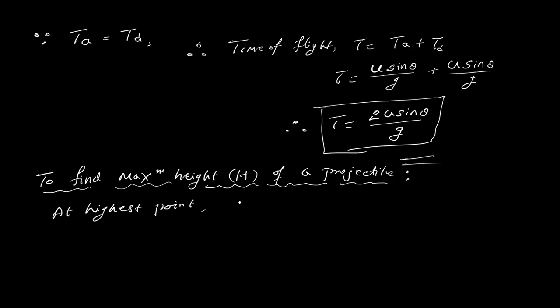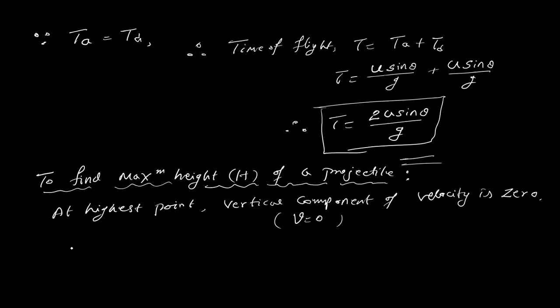The vertical component of velocity becomes 0. Therefore, the v I can take as 0. So use the formula v square minus u square is equal to 2as. Got it? Here, yes, I can take s as h and v is 0, right?